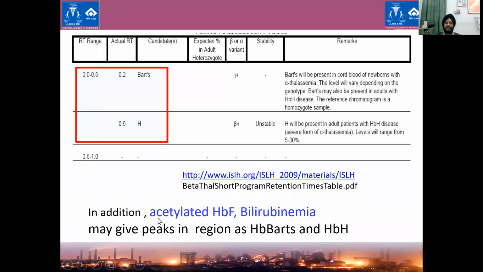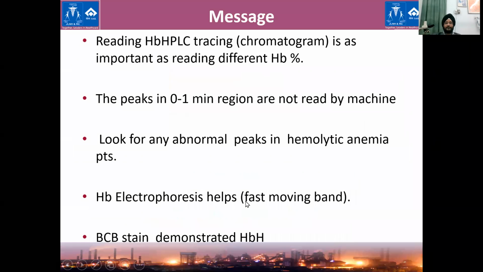As I said, the caution is that the acetylated form of HbF can be seen in this region along with this M band peak, and in cases of hyperbilirubinemia, there is a peak which is less than 0.6, and we should interpret the results very cautiously in such cases.